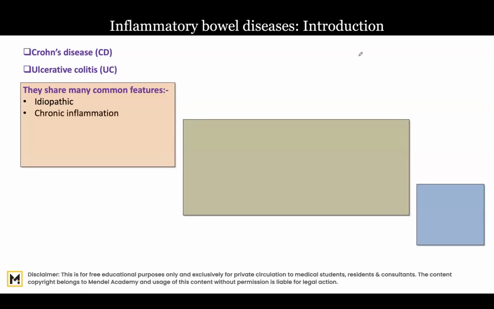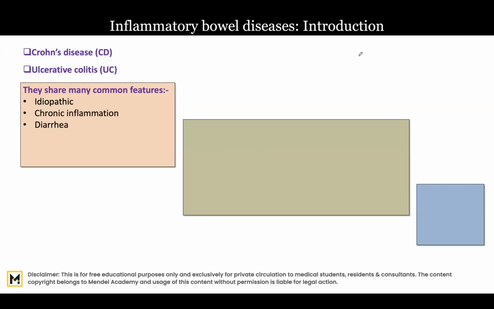It should have a component of chronic inflammation. There is a part of IBD which also shows acute inflammation, but it is the chronicity which actually defines inflammatory bowel diseases, then you would label them as IBD. Diarrhea is a constant with both types.